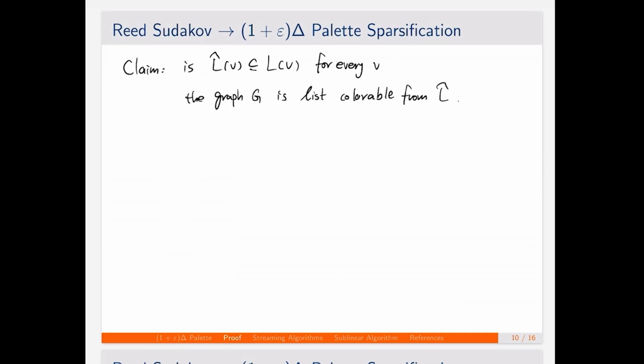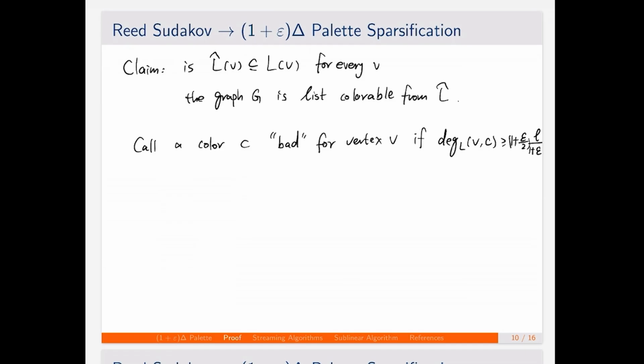Well, let's call a color C bad for vertex V if the C degree of vertex V is greater or equal to 1 plus epsilon over 2 times L over 1 plus epsilon. Okay.